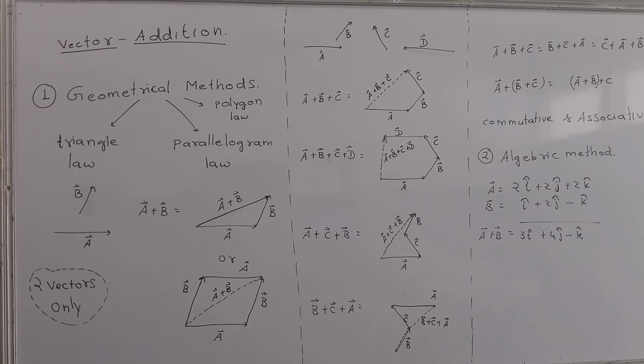You have to draw vector B once again from the starting point of A, that means the tail of A. So, two times you have to draw vector B, from this point as well as from this point, and because you have drawn vector B twice, you have to draw vector A also twice.